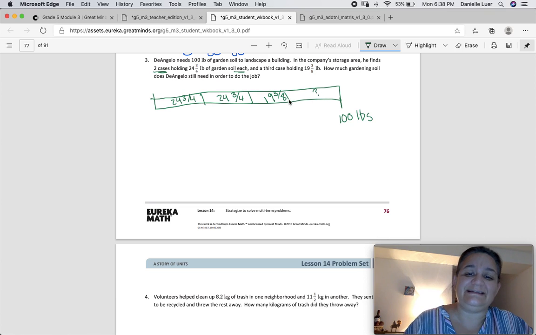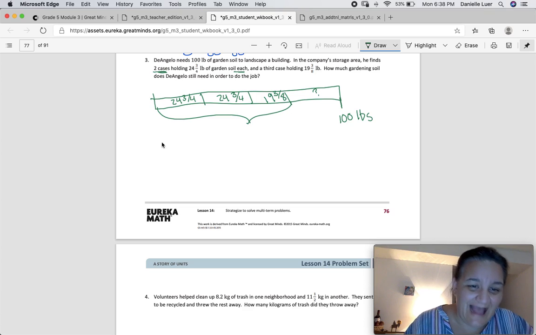Okay, so this is definitely a 2-part problem, kind of a 3-part problem. So our actual problem is, so we read it and we drew a tape diagram.